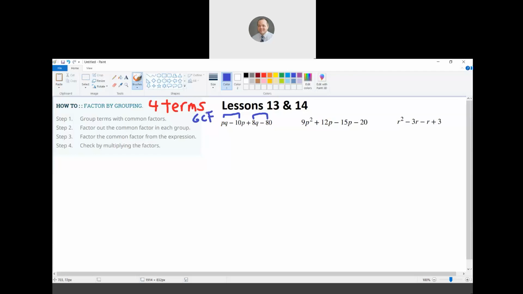First pair of terms, they have the letter P as in Paul in common. Now, when you take out the letter P from each of the first 2 terms, you have to write what's left in the parentheses. So what remains is Q minus 10.